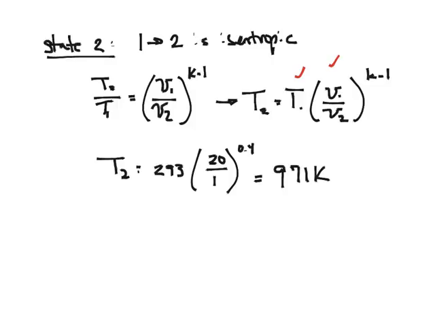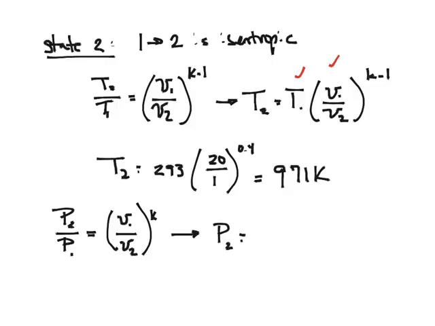Now let's do the same thing to find P2. We're going to use another one of the isentropic ideal gas relations. And remember, these come from our TdS equations. Our TdS equation was integrated, and then we substitute in using things we know about the ideal gas law. And so we end up with these isentropic ideal gas relations. So specifically, they're for isentropic processes and for ideal gases.